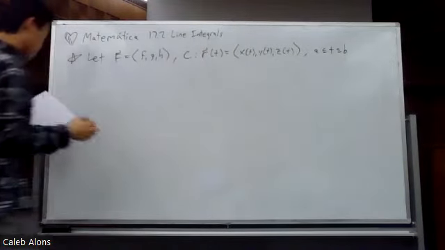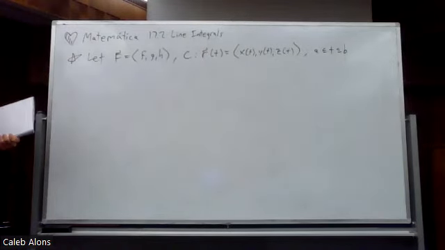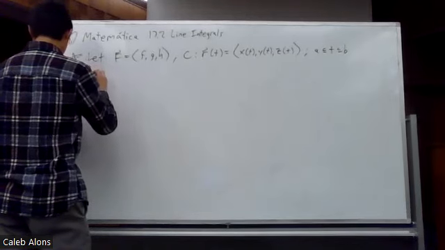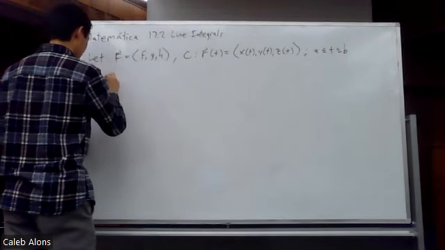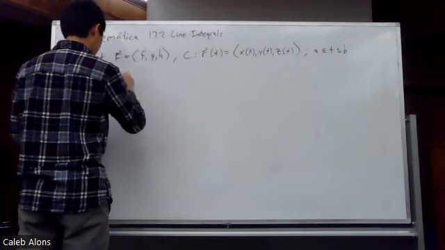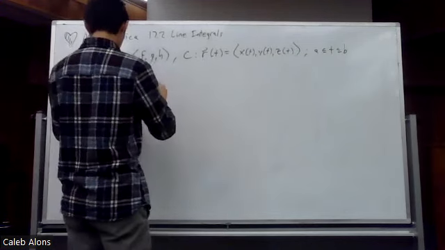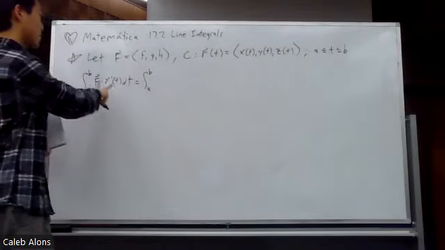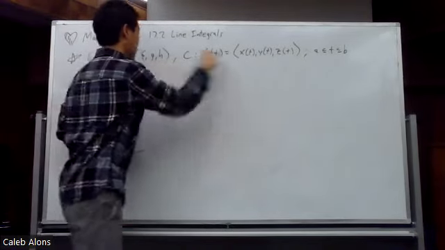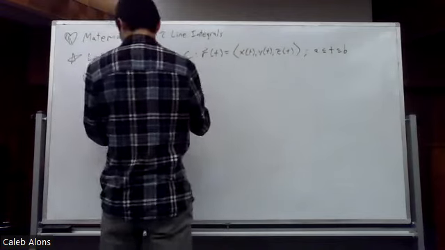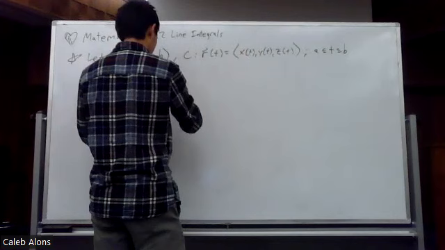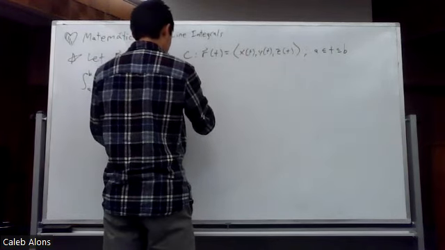So there are three computational algorithms, choices that you have to handle these kinds of things. If you decide to go integral a to b, F dot r prime of t dt, you could just blast out the dot product, because F goes with the x's, G with the y's, H with the z's. So in the integrand you have f of t times x prime of t.